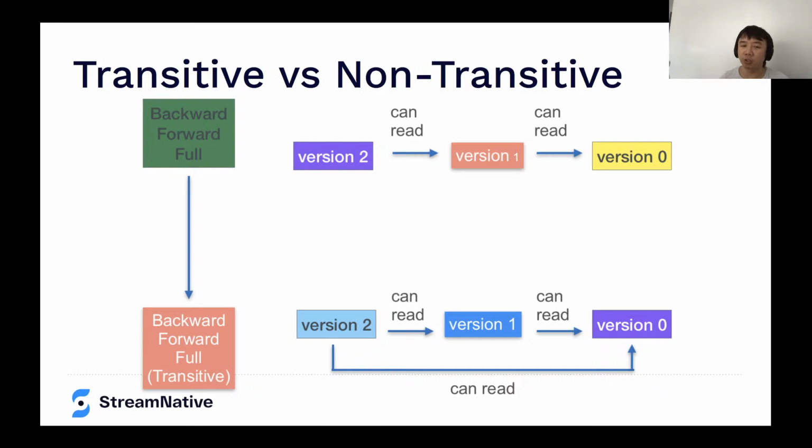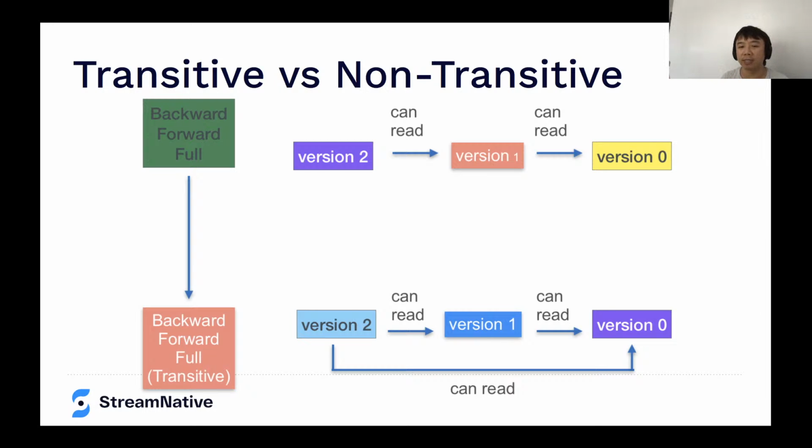So you need to make sure that if you want to add a new schema, the schema verification should apply to every schema. It should not just apply to the latest. In this way, you guarantee that if you upgrade to a newer schema, the newer schema is able to read all the messages produced by the old schema.